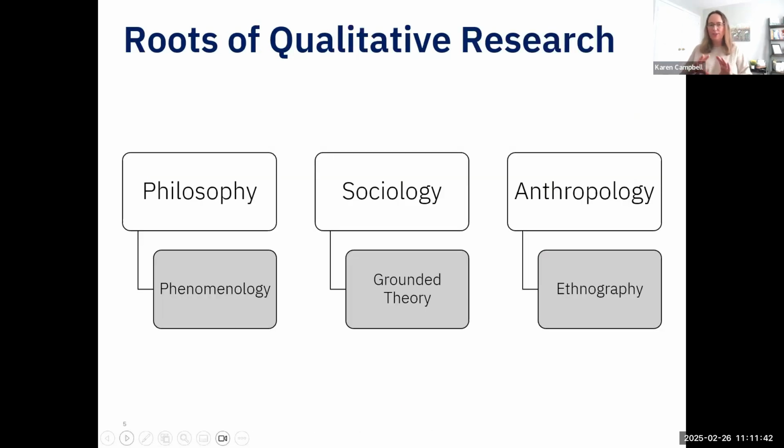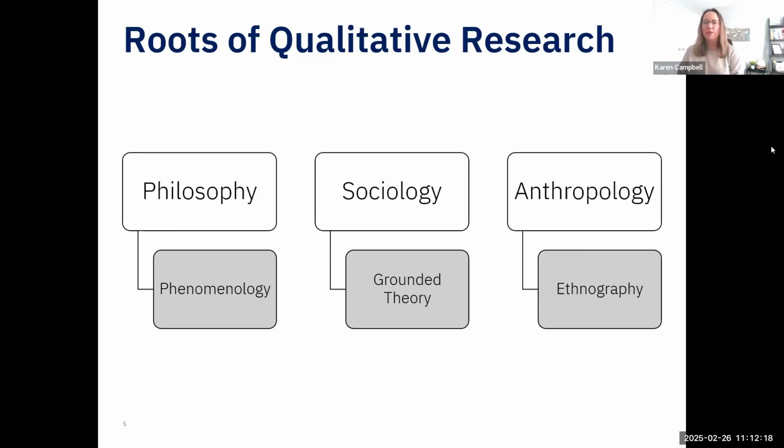I also want to start, just as we get into this idea of what is applied qualitative research, by looking at the roots of qualitative research. So qualitative research is steeped in traditions of philosophy, of sociology, and anthropology. And from those disciplines, we come to have these three big research traditions: phenomenology, grounded theory, and ethnography.